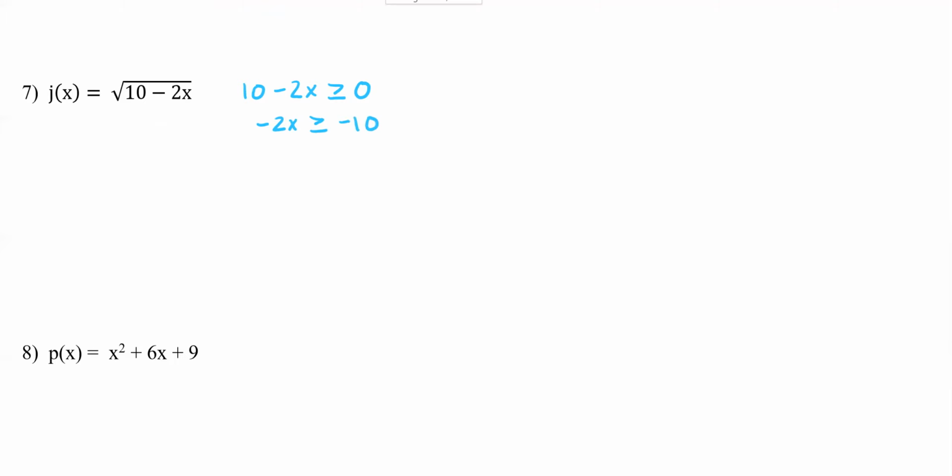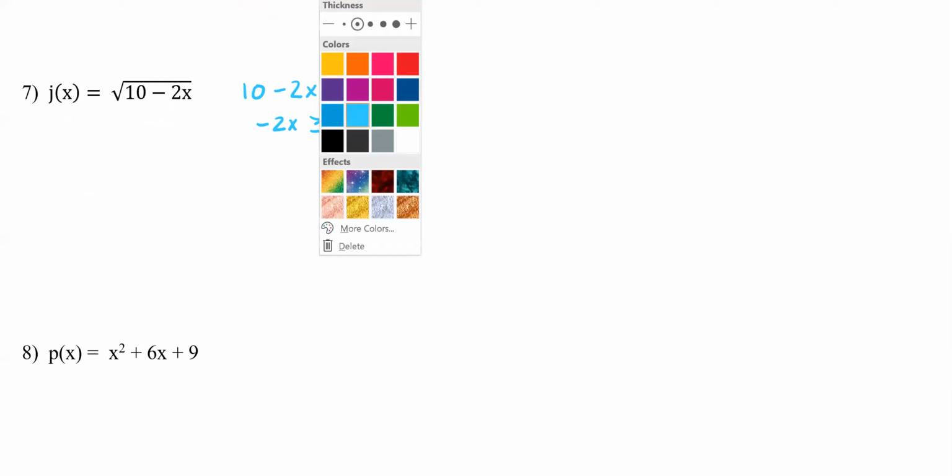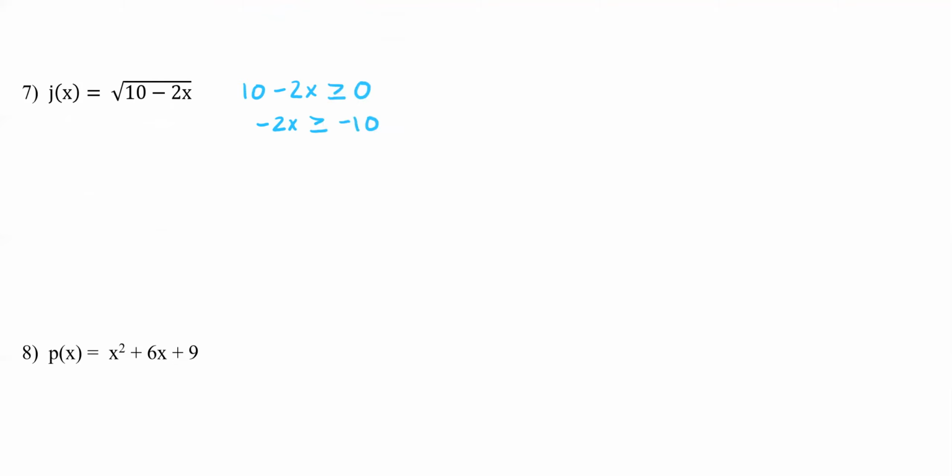Recall that when you divide an inequality by a negative, you must reverse the inequality sign. So x is less than or equal to 5. In interval notation, this is negative infinity to 5 with a bracket.